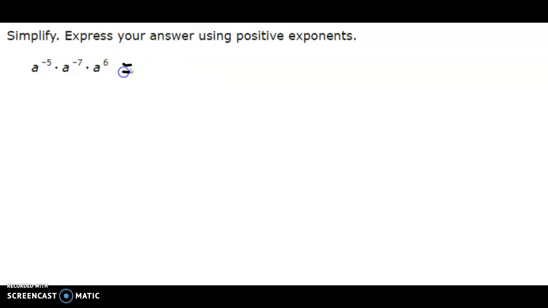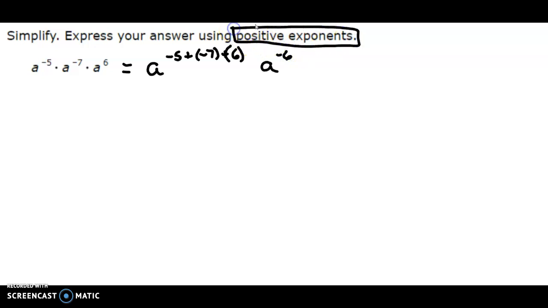So here we could say that this becomes a to the negative fifth plus negative 7 plus 6, which is a to the negative sixth power. Now, since they want it to be only positive exponents, a to the negative sixth power equals 1 over a to the sixth power.